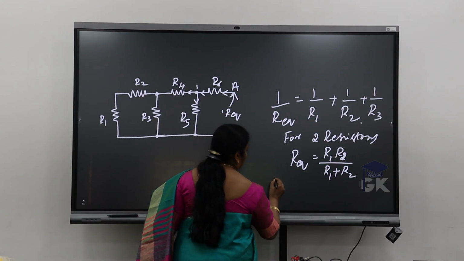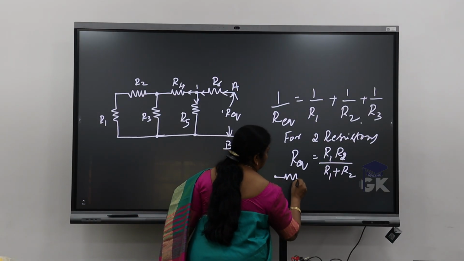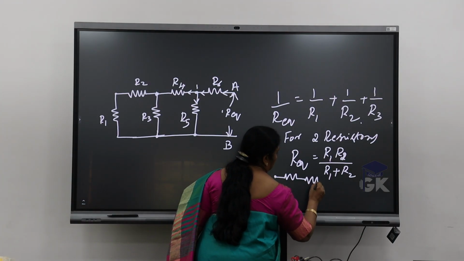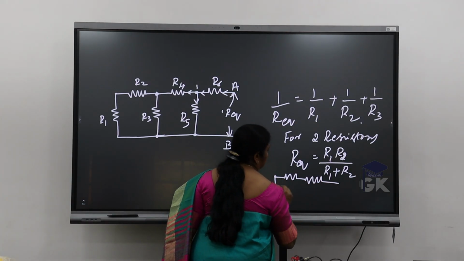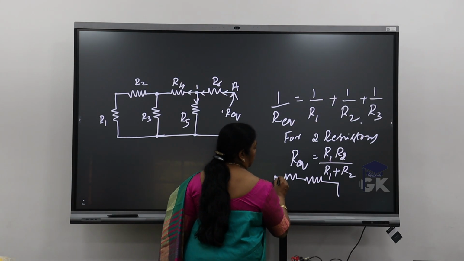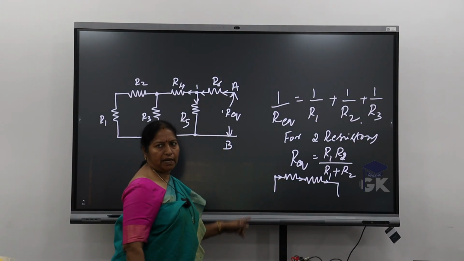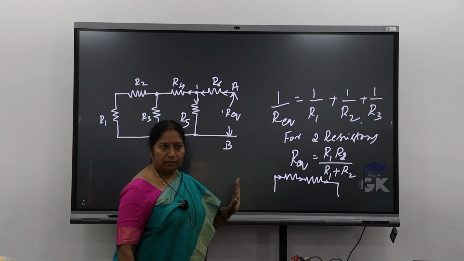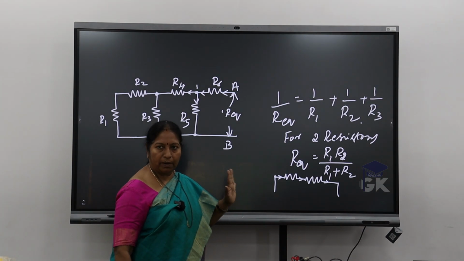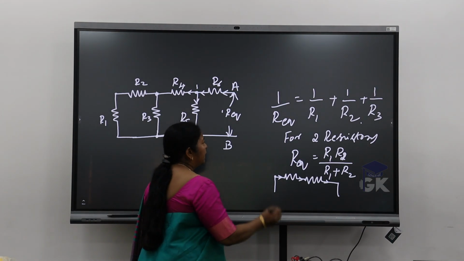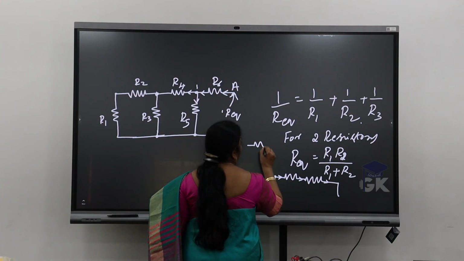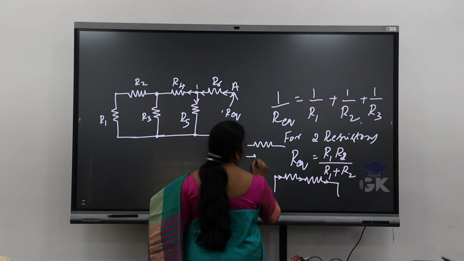See, this is how. In series, what happened? How many branches were there? Throughout, is it one? Is there any division of branches there? The same branch it is flowing, only one branch. When we connected in parallel, what happened?